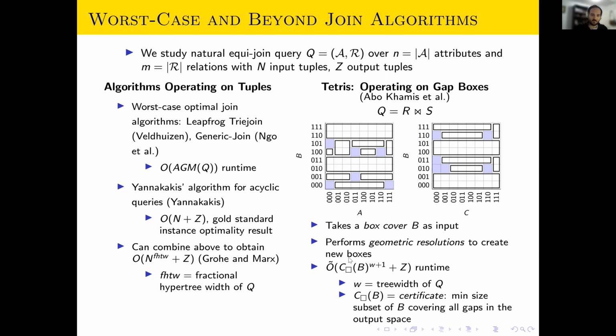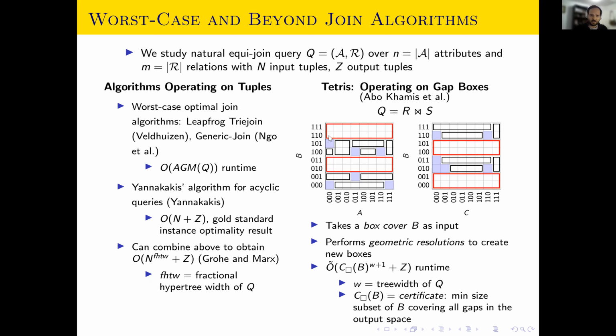Tetris's bounds are in terms of the certificate size for the given box cover, which we denote C box B. The certificate is the minimum size subset of B which covers all gaps in the output space. One of the bounds provided by Tetris is the certificate size of the box cover to the power of w plus 1, where w is the treewidth of Q, plus the output size Z. A certificate for this example consists of the 4 red boxes that are highlighted here.